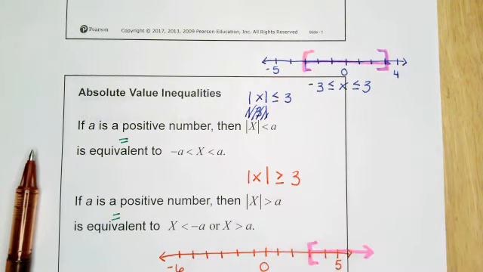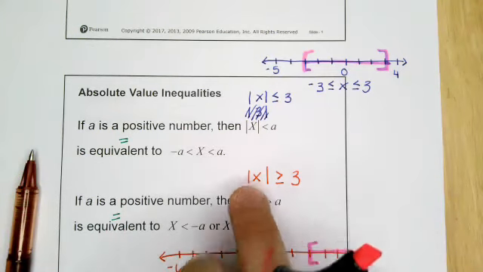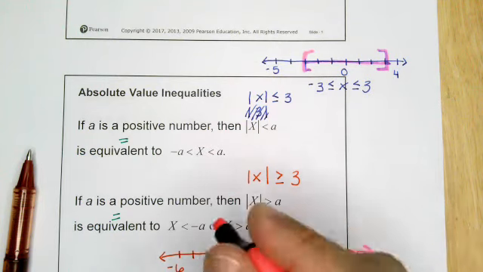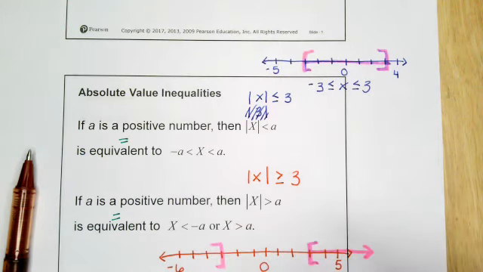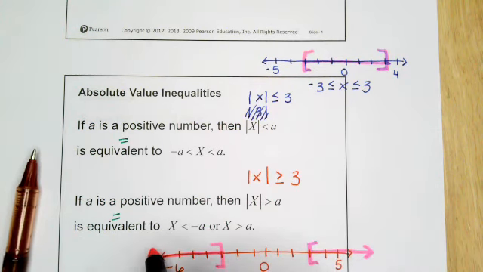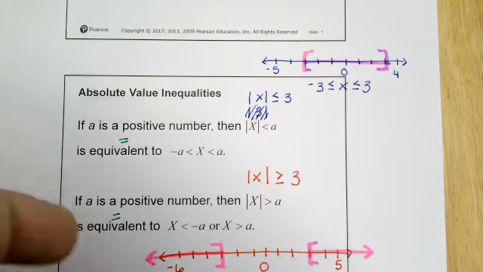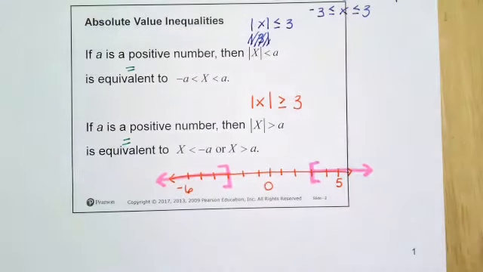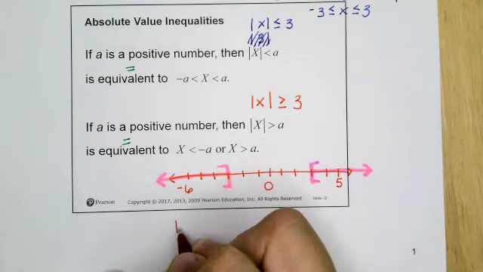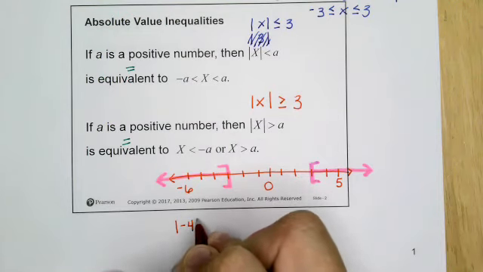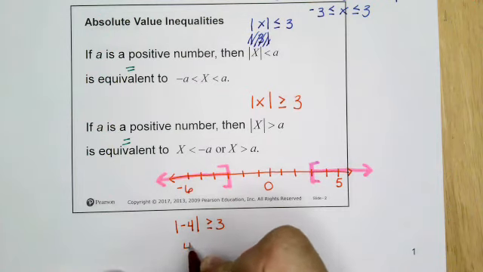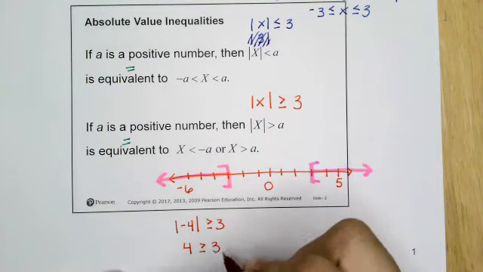Anything greater than or equal to 3, but also, because of the absolute value, anything less than or equal to -3. Because if we look here, the absolute value of -4 is greater than or equal to 3 because it's 4. 4 is greater than or equal to 3.